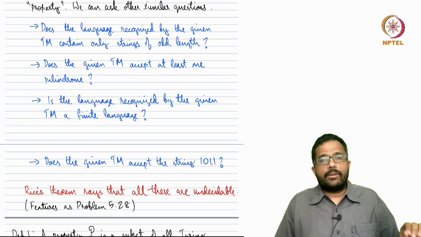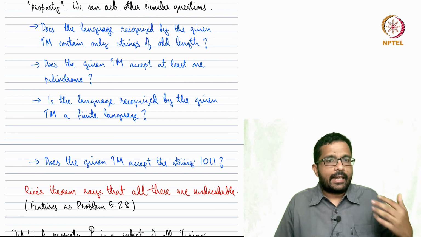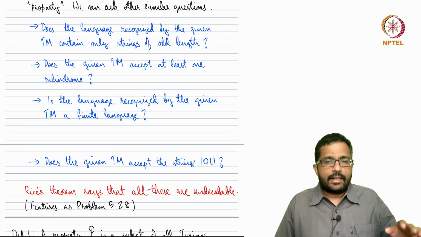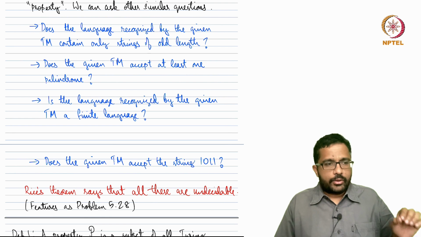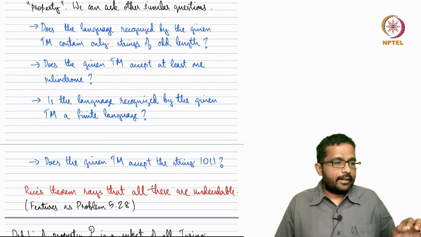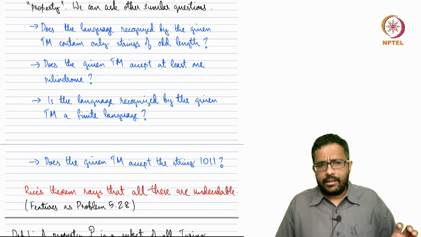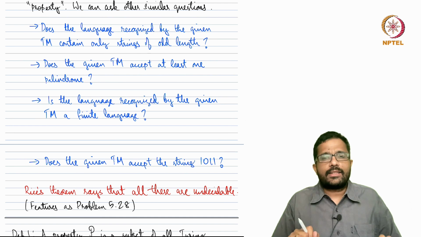So given a Turing machine, if we want to ask whether the language recognized by this Turing machine satisfies a certain property, the answer is almost always that this is undecidable. Given a Turing machine, it is undecidable to determine whether the language recognized by this Turing machine satisfies a certain property. I say almost always and not always, because there are some minor cases where there is an exception.